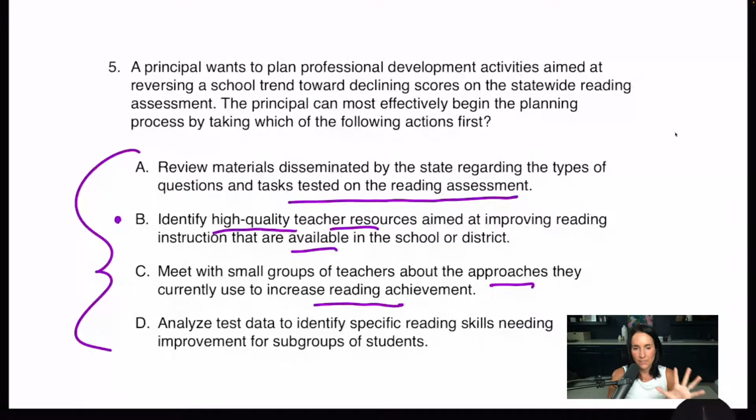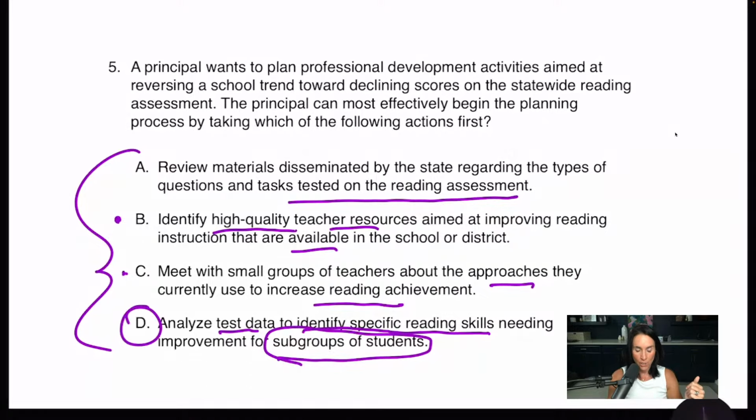It sounds good, but it's a little vague, right? And this is where you've got to pay attention. This is where people tend to say, hey, it kind of looks like this could be the answer, and it's not. D, analyze test data to identify specific reading skills to improve subgroups of students. Again, we have that very specific test data analysis. D is the correct answer here.